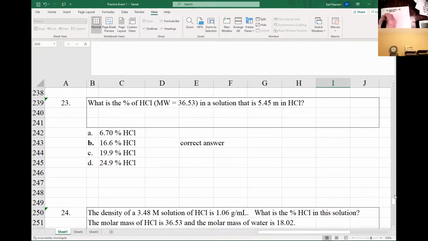Now, we're given a solution that is molal. What is molal? Molal is the number of moles of solute divided by the number of kilograms of the solvent.